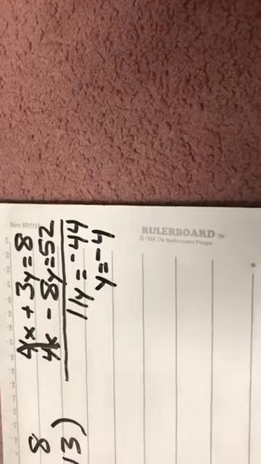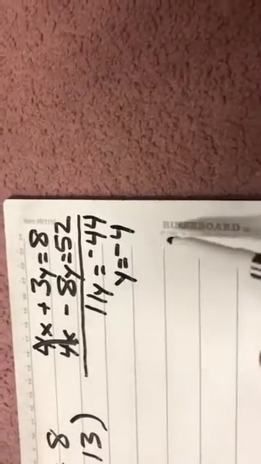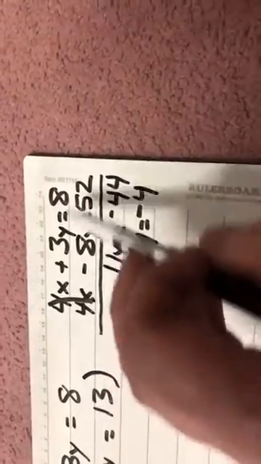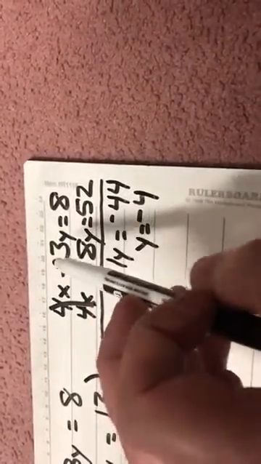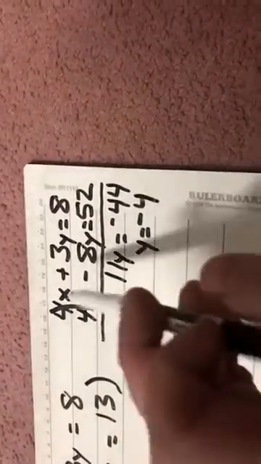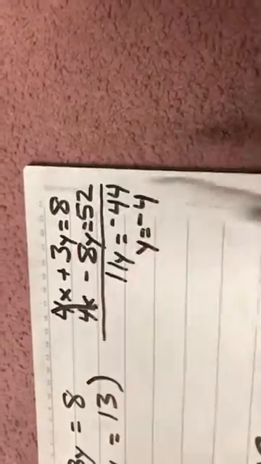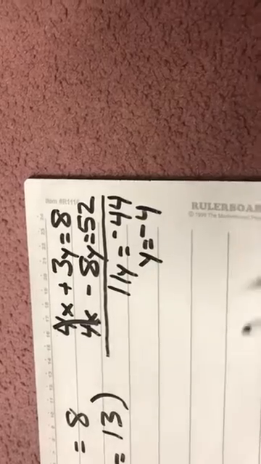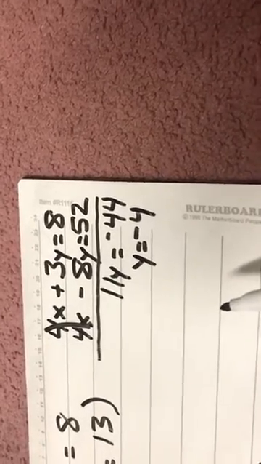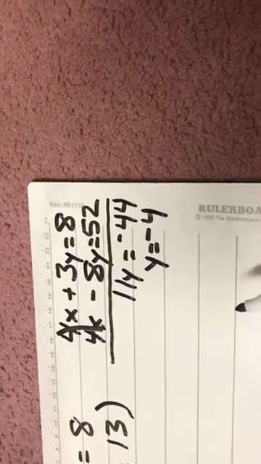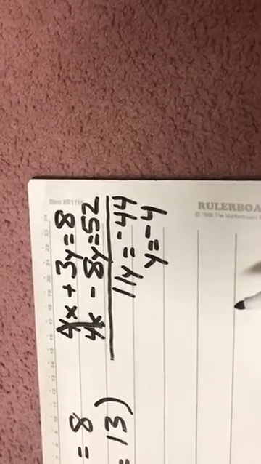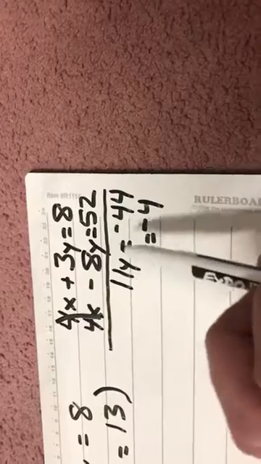So now I can just take my y equals negative 4 and plug it into one of my equations up here. I'm going to go ahead and use this first equation, 4x plus 3y equals 8, because now remember what I want to do. I need to find the x coordinate because it's still solving linear equations. It is still finding the intersection point between the two lines.